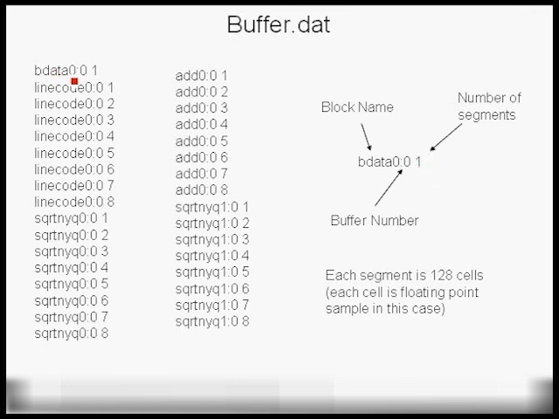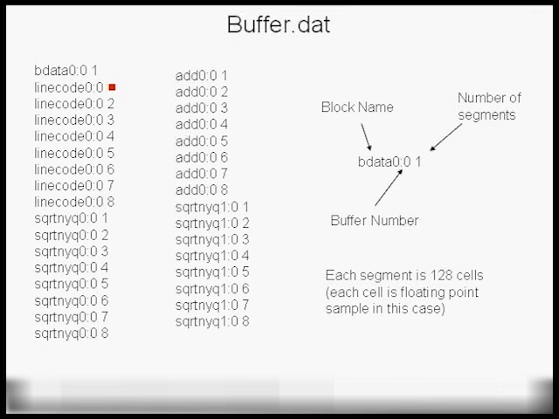For the bdata block, which generates the binary data, only one segment is allocated because it'll generate 128 bits that will be used in the buffer, which is also allocated with 128 cells, and we don't have any problem here. Line code, however, will generate multiple segments, and the reason for this is that line code will consume all 128 bits that were generated by bdata and output for those 128 bits 8 times that many samples.